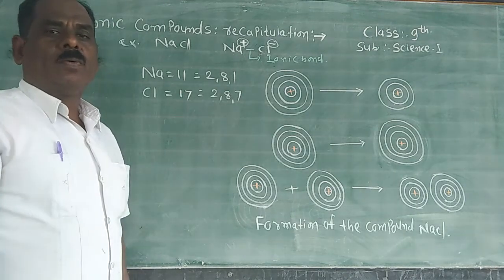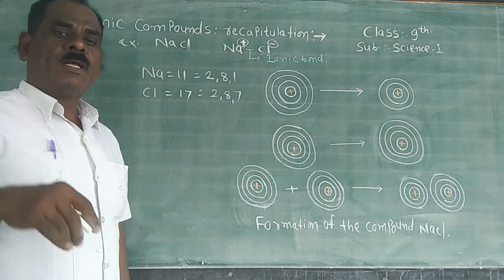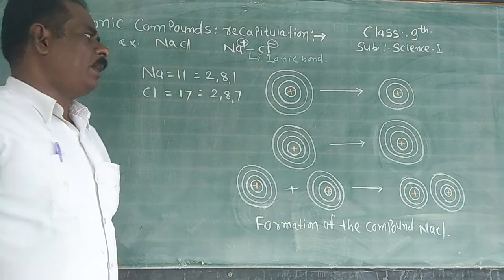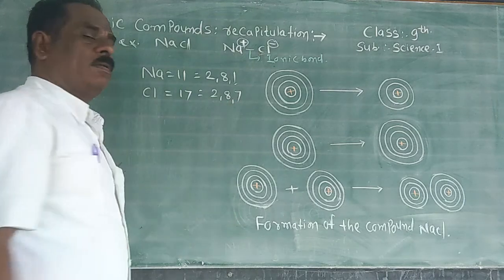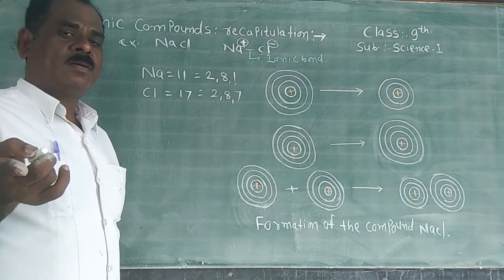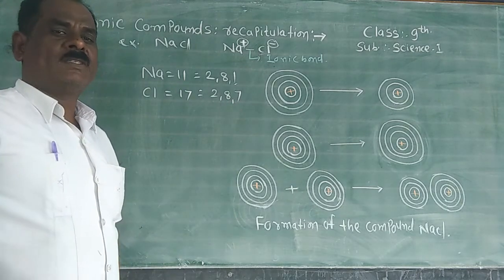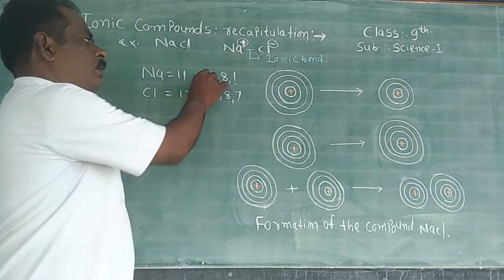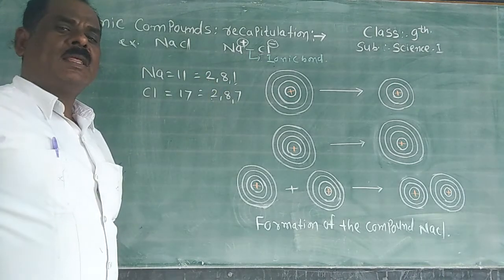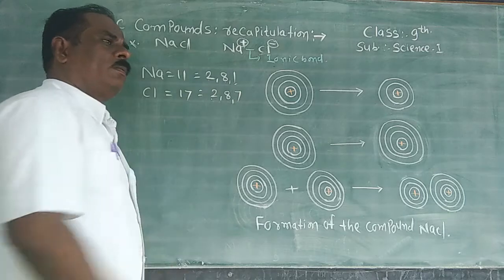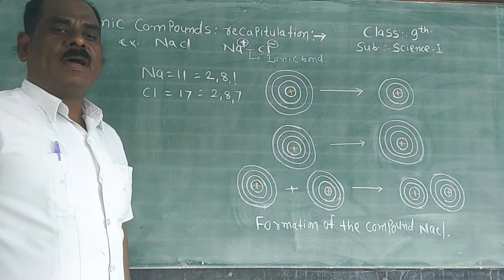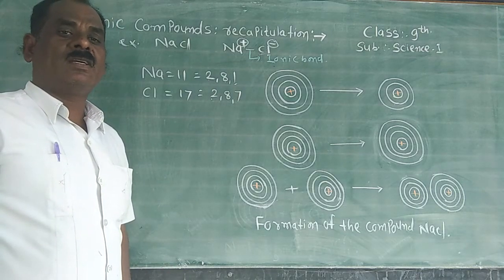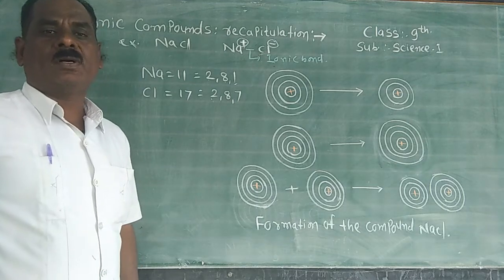According to the octet rule, atoms having 8 electrons in the last shell, except the first shell, which contains 2 electrons, are considered stable atoms or stable ions.